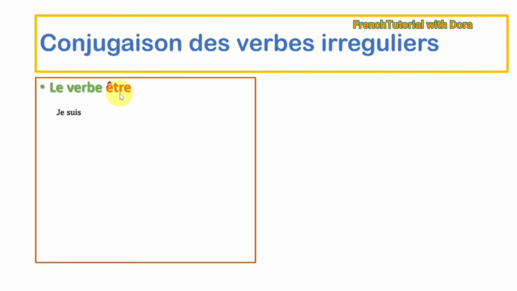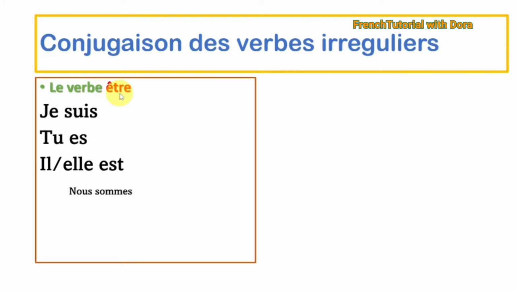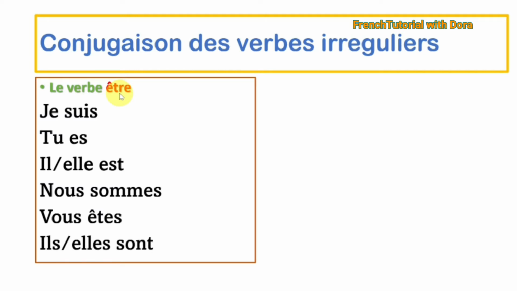Très bien. And in the first person, it takes suis. So, je suis, tu es, il est, elle est, nous sommes, vous êtes, ils sont, elles sont. Let me go through it again.